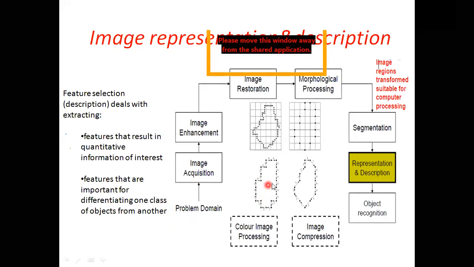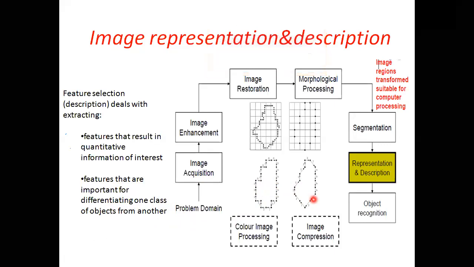Suppose these two objects are different; like this we are differentiating the objects in an image. If the image has a number of objects, the differences between the objects will be identified in this representation and description, based on boundary representation or region representation.